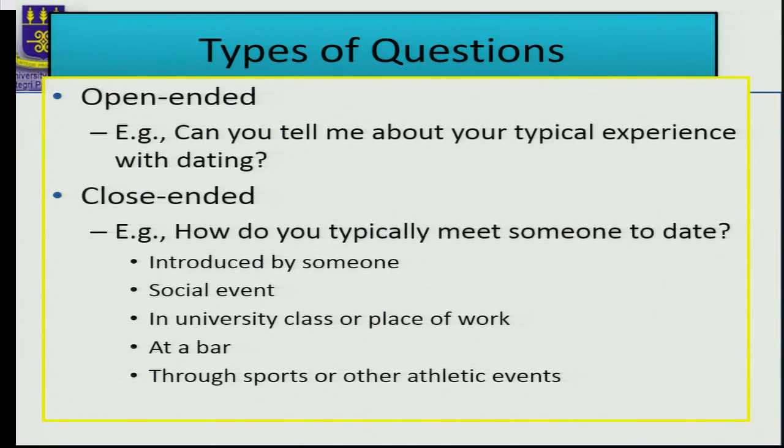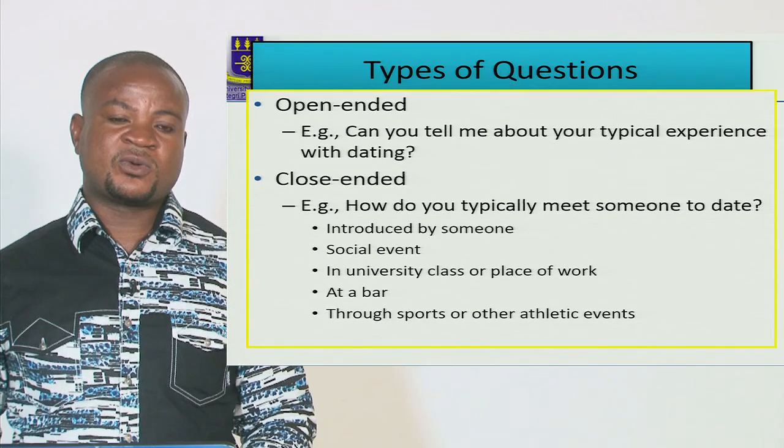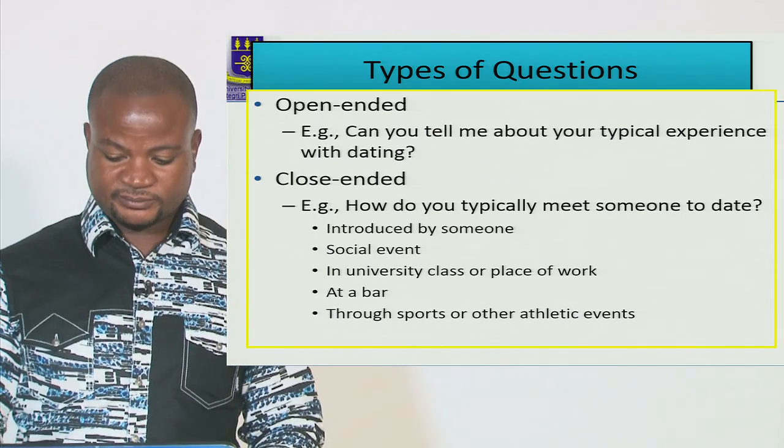They are at liberty to write whatever they want to write there. But when it comes to closed-ended questions, you give them options, and all they have to do is to select. Do you think abortion should be legalized? Yes, no. This is an example of a closed-ended question.